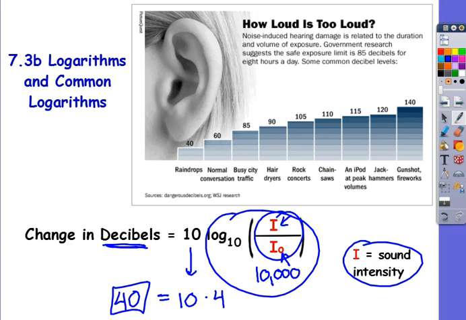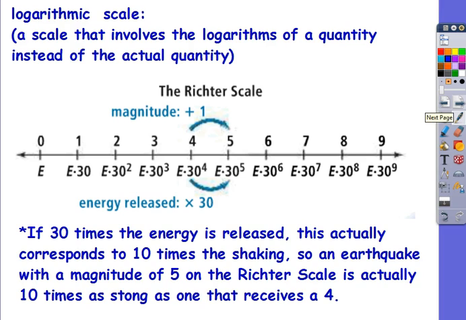And while 40 might not seem like a large number, if you know that we're actually referring to the exponents, then a change of 40 decibels is pretty significant, which might make you think twice about listening to music at an incredibly loud volume.